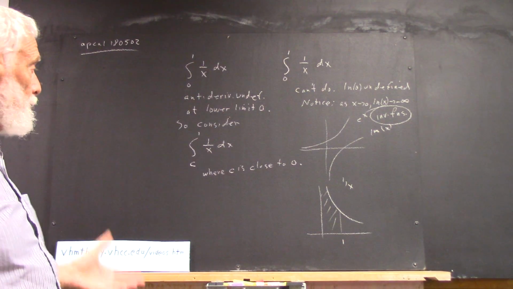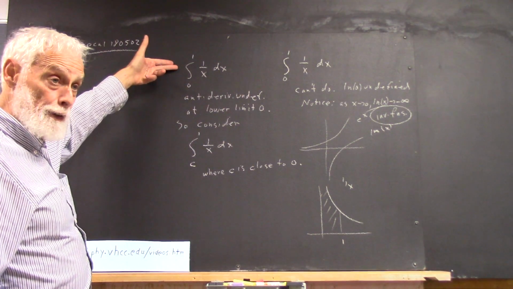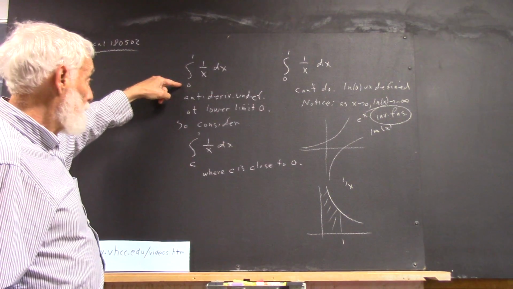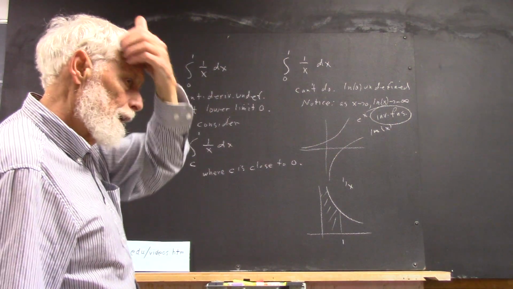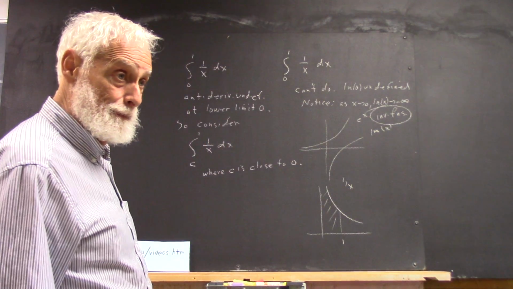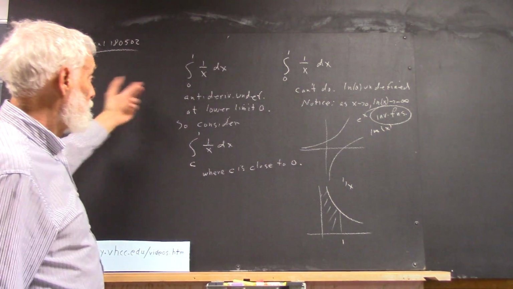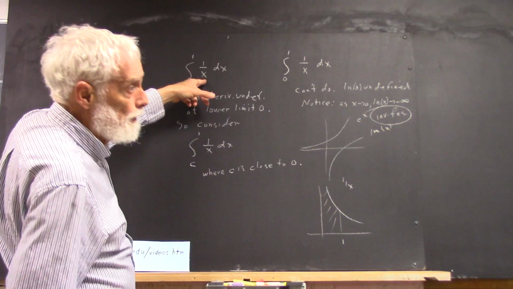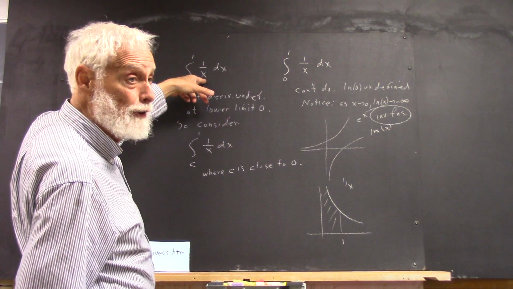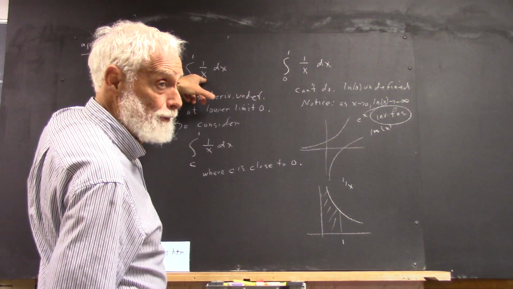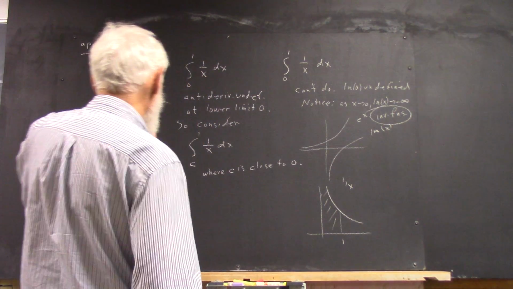It doesn't have to be close to 0, but that's what's going to get us to this integral, because we're replacing the 0 by the C, so let's let C be something close to 0. It's also positive, because we can't integrate across a value of x where the function is undefined, and the function itself is undefined at 0.